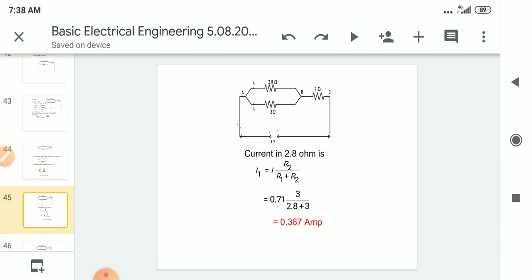Now what is the question? In this question they asked to calculate the I1 and I2 values. For I1, what is the formula? Total current I into its opposite resistance by sum of the resistances. 0.71 into its opposite resistance, what? 3. 3 by 2.8 plus 3.